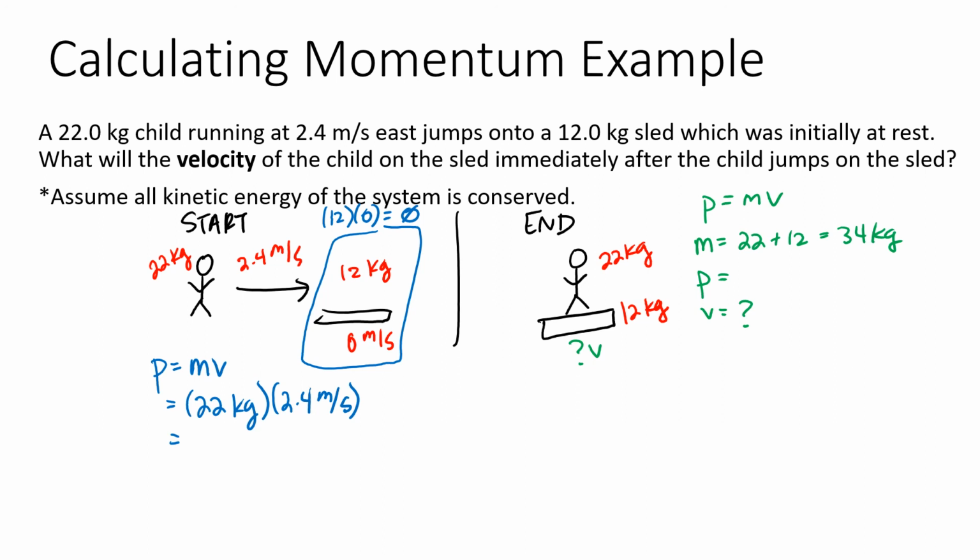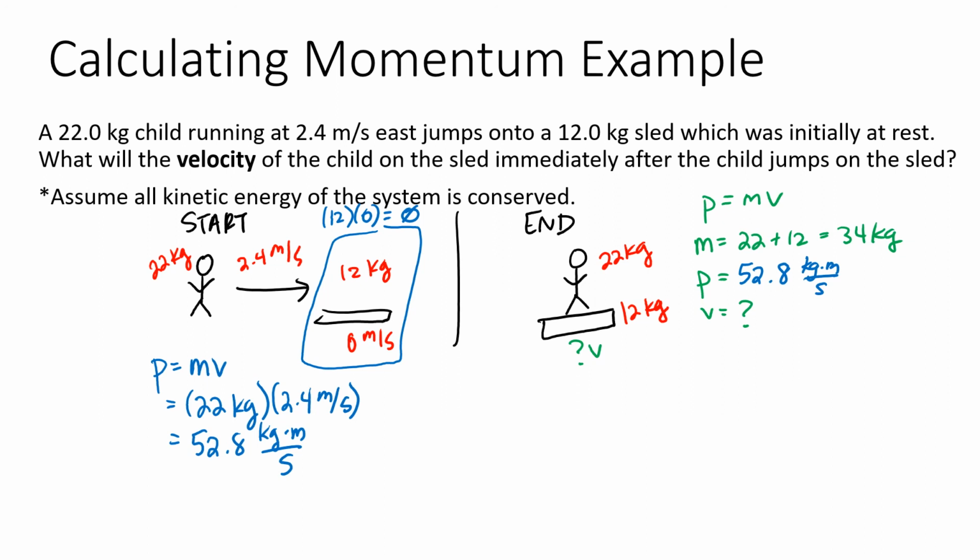So this is going to give you a total momentum of 52.8 kilograms times meters per second. So if that's our starting momentum, that also has to be our ending momentum, 52.8 kilograms times meters per second.